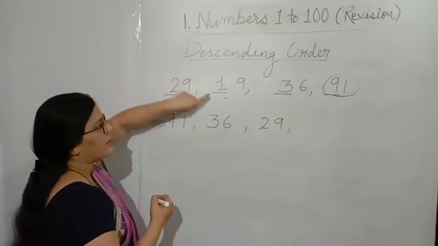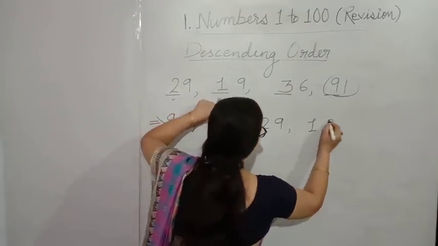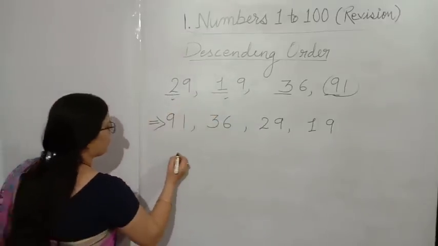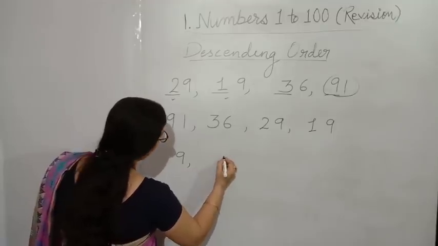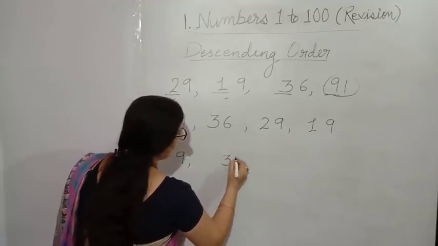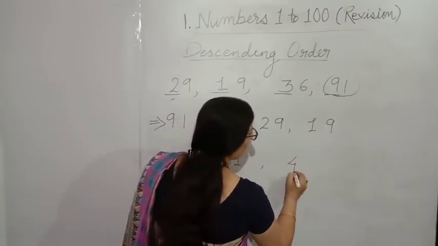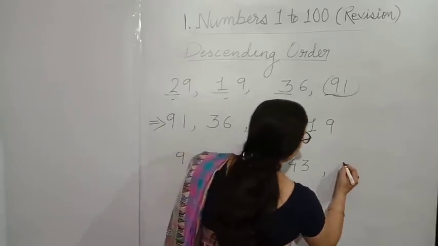And then the smallest number is 19. So in descending order we arrange the numbers from biggest to the smallest.